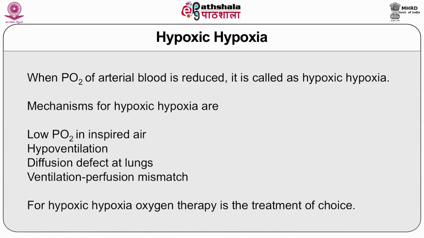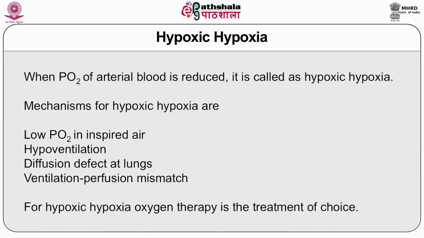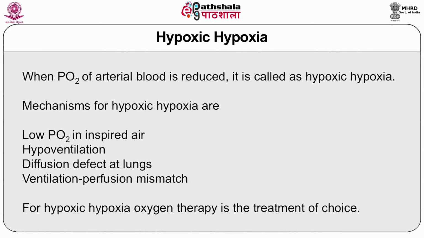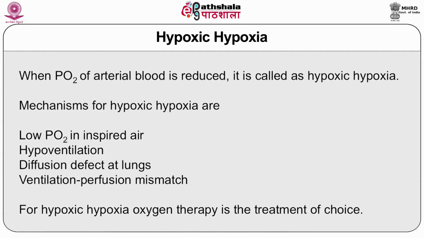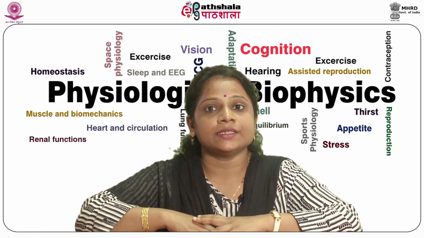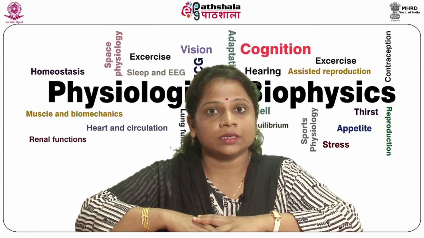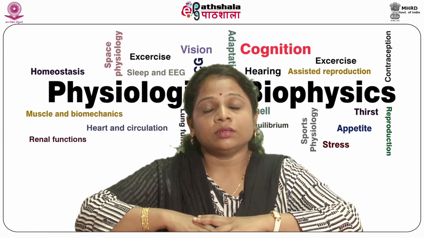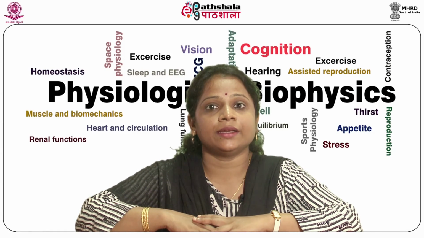The causes are low PO2 in inspired air, hypoventilation, and diffusion defects at the lungs or ventilation perfusion mismatch. A common example is difficulty in breathing at high altitudes. For hypoxic hypoxia, oxygen therapy is the treatment of choice.